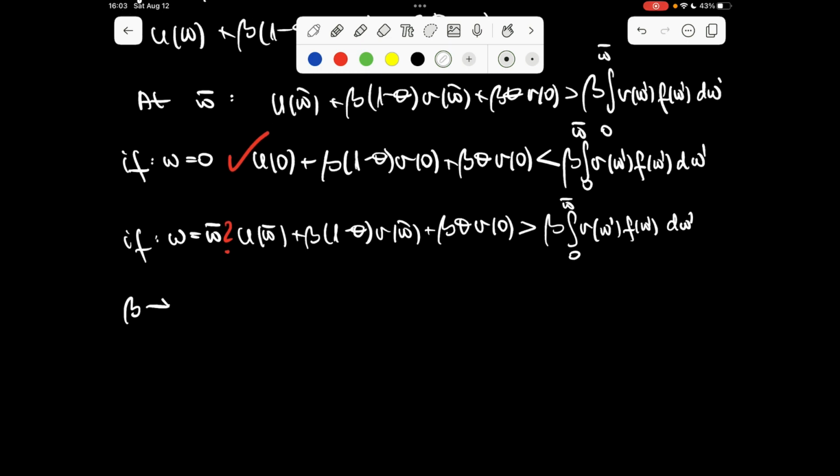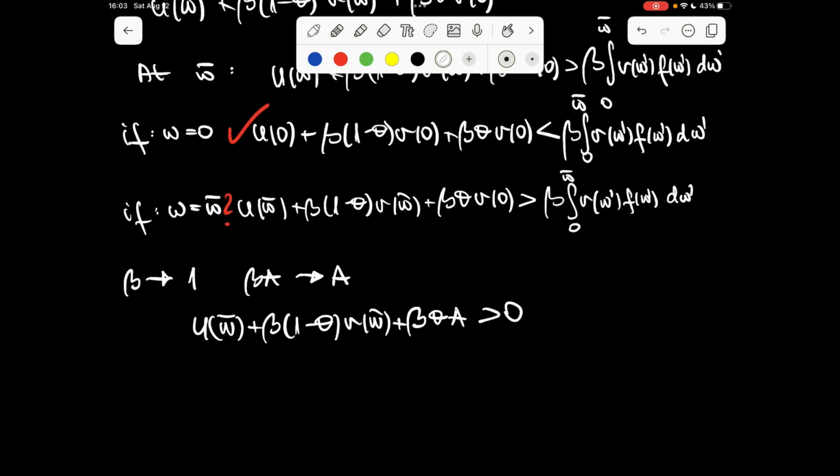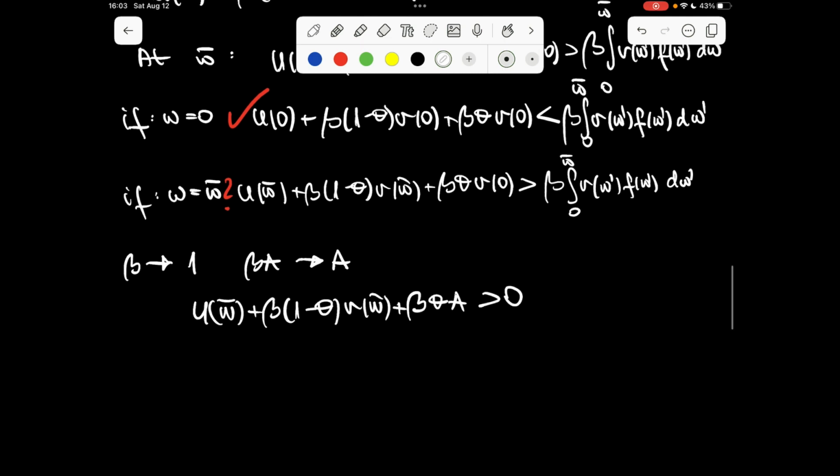If the discount factor tends to 1, then the value of the acceptance line tends to A, and because of the fact that U, the utility function, is strictly increasing, the acceptance line must be higher than A, even if V, the value function, is only increasing, not strictly increasing.